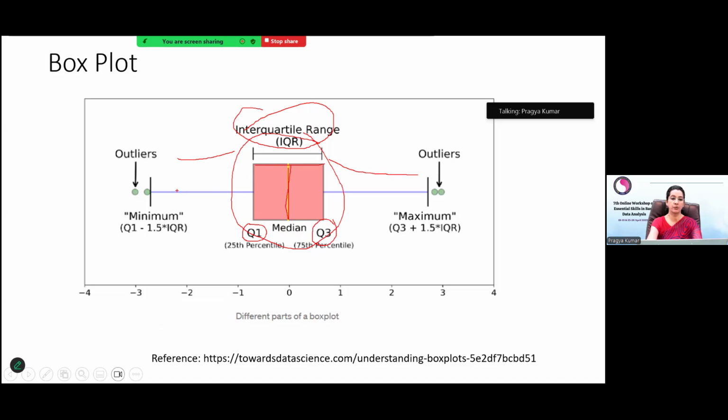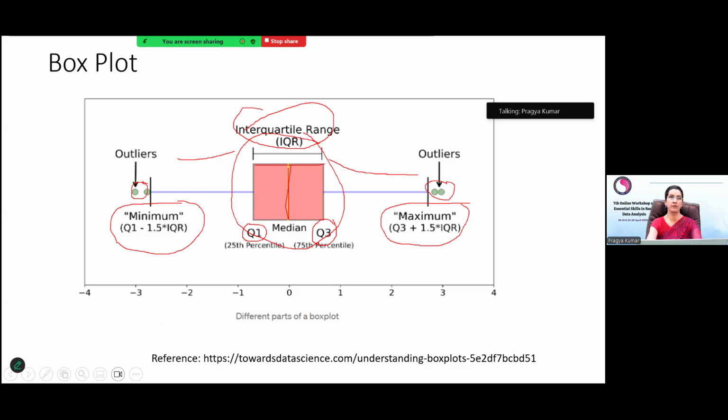And then you describe the outlier. The minimum value should be Q1 minus 1.5 box length, and the maximum should be Q3 plus 1.5 box length. This box length is the interquartile range. So any values lying outside these two whiskers will be your outlier.